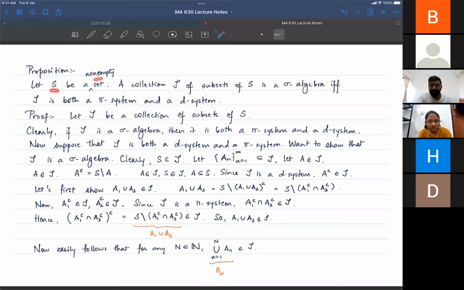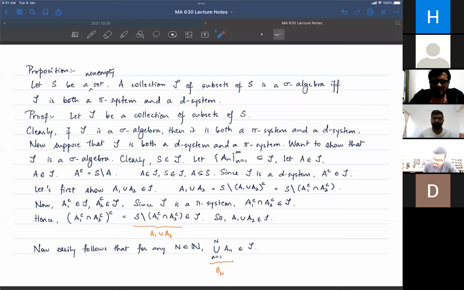Let S be a non-empty set. A collection script S of subsets of S is a sigma algebra if and only if script S is both a pi system and a D system. Do you agree that one direction is trivial? Which direction is trivial? So if it's a sigma algebra, then it will be a pi system and D system.